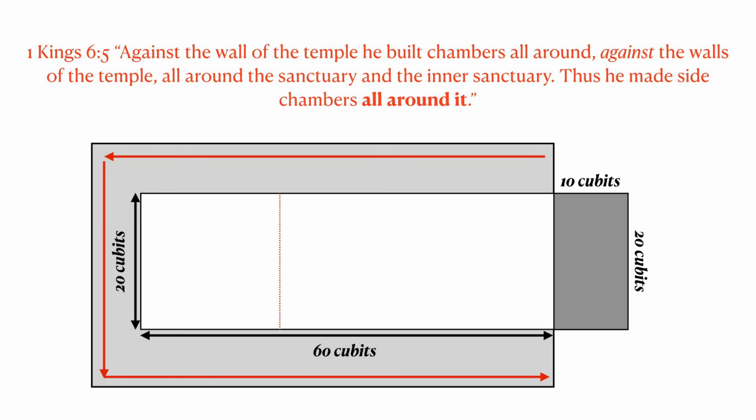Against the wall of the temple, he built chambers all around, against the walls of the temple, all around the sanctuary and the inner sanctuary. Thus, he made side chambers all around it.